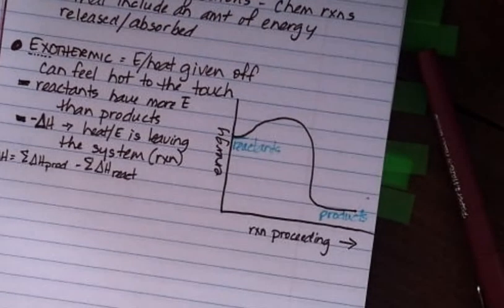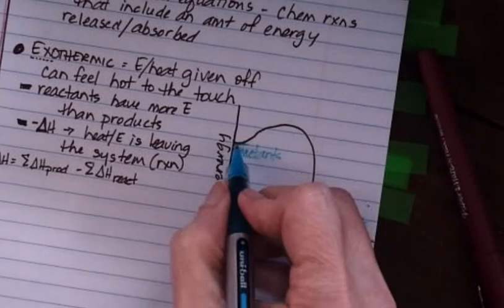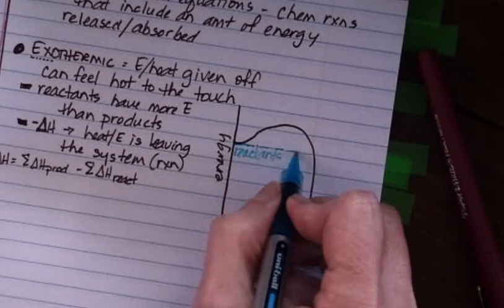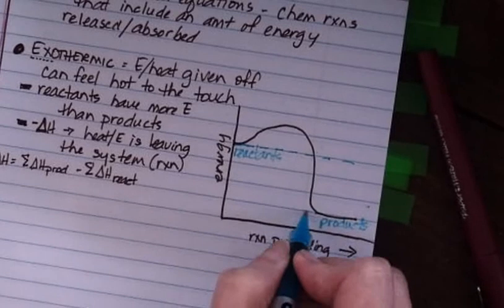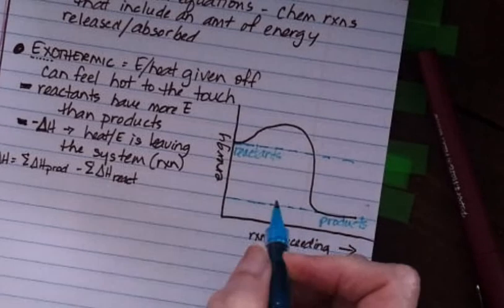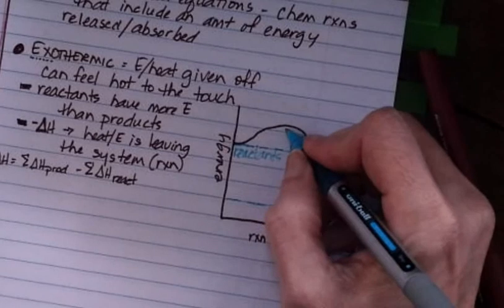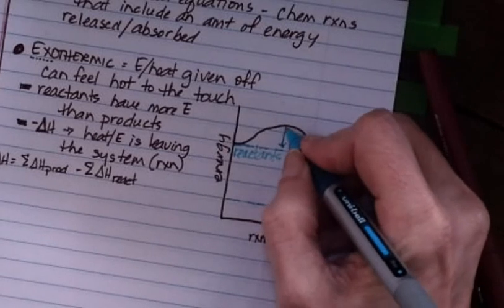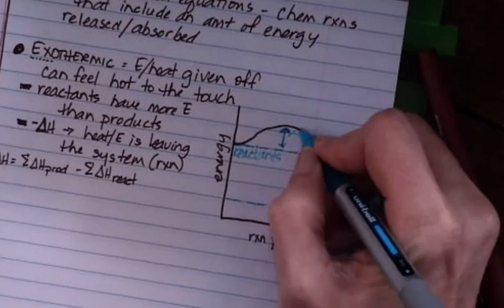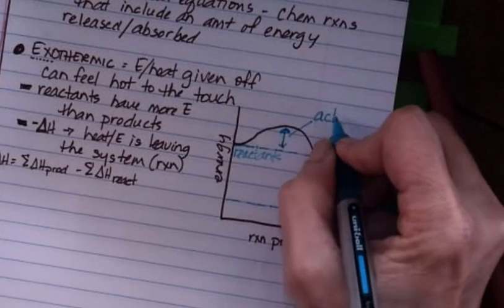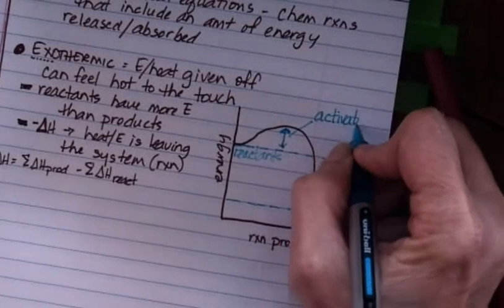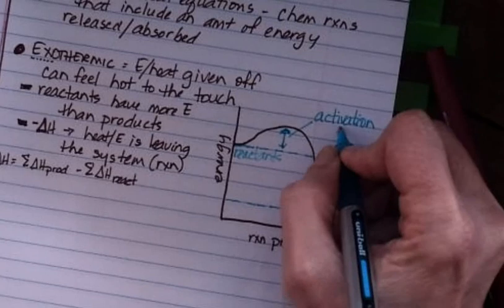So we're going to label some things here, and I'm going to put a little dashed line right here, and another dashed line right here. This piece, from the top of this little piece to the first dotted line, is called the activation energy. How much energy do I have to give it to get it started?